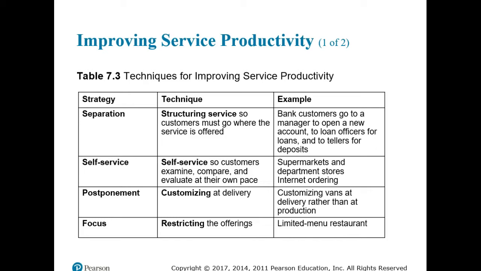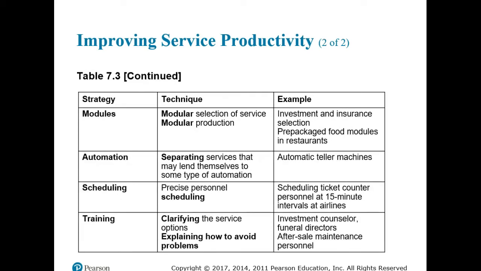It provides another version of self-service by allowing customers to design their own product right on the web. Customers seem to like this, and it's cheaper and faster for Dell. And we're continuing with table 7.3 here, representing the techniques for improving service productivity and including examples of each.